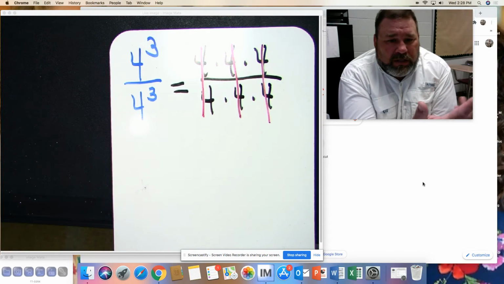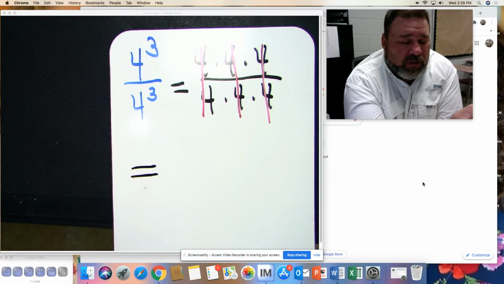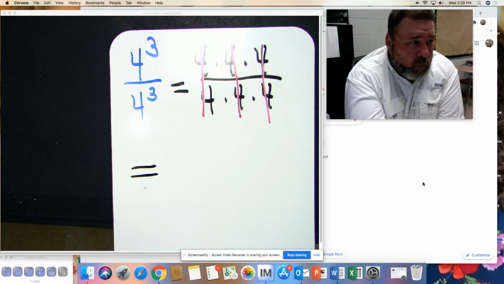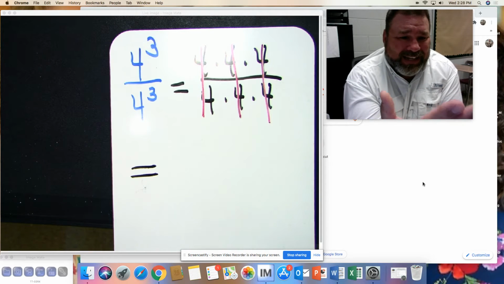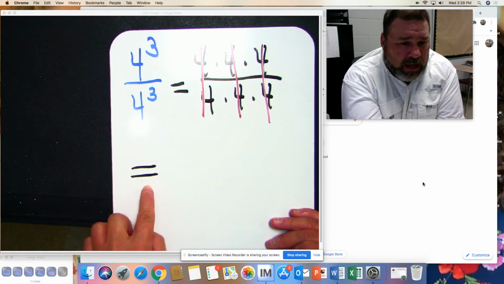Well, we learned back in 4th or 5th grade, any number divided by itself is just what? 1. So 4 cubed divided by 4 cubed is 1, right? So I know it's going to be 1.